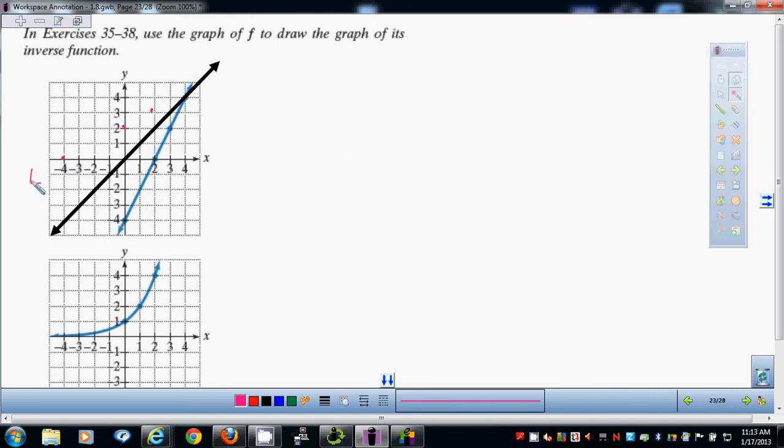So a quick way to sketch these is find some coordinates, flip them. Just perfectly flip them. And if it's a point like 1, 1, well, that means your point is going to be the same on both sides. Questions about sketching these things?